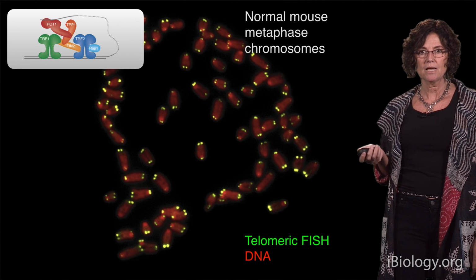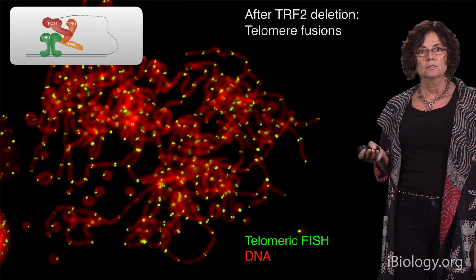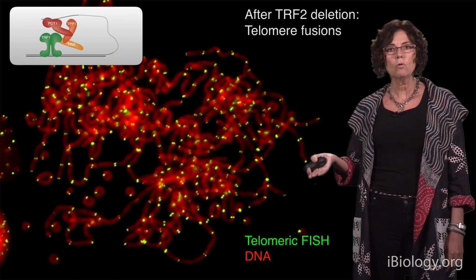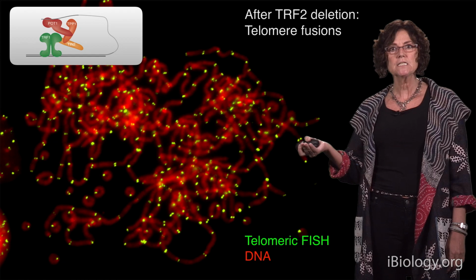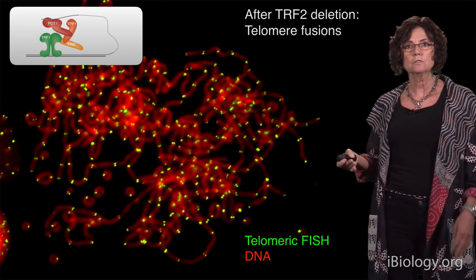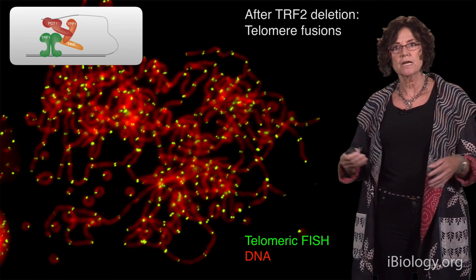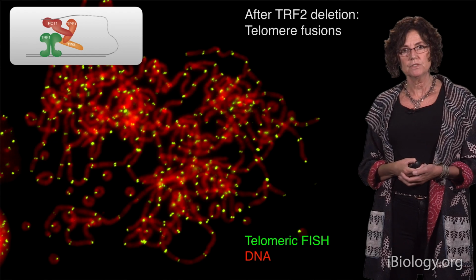Now let's see what happens when we delete TRF2. The consequences of deleting TRF2 are quite dramatic. You can see in this slide that most of the telomeres are no longer at the end of a chromosome. They are inside long stretches of DNA.